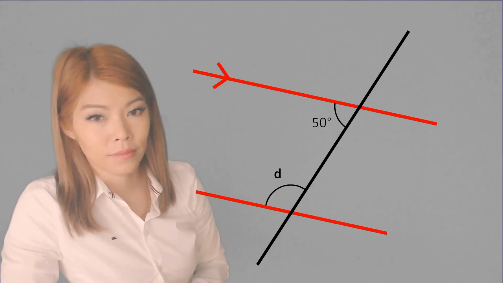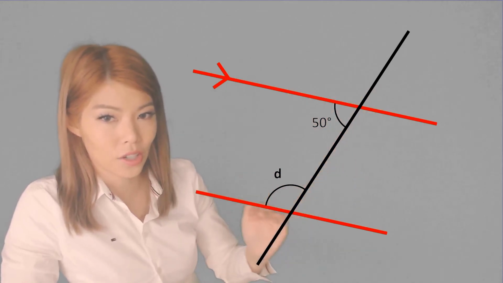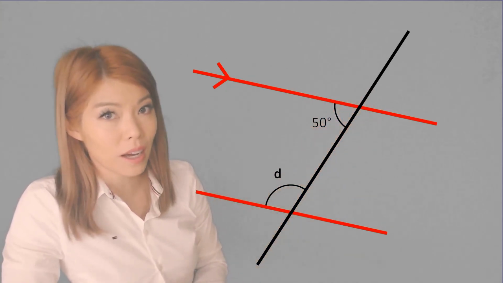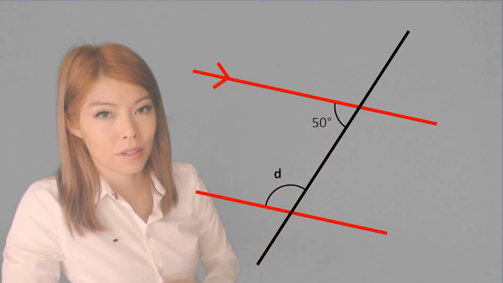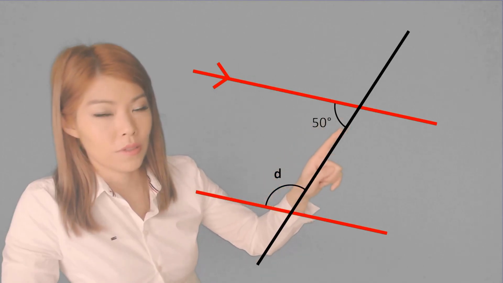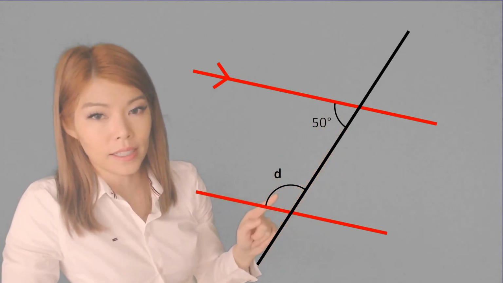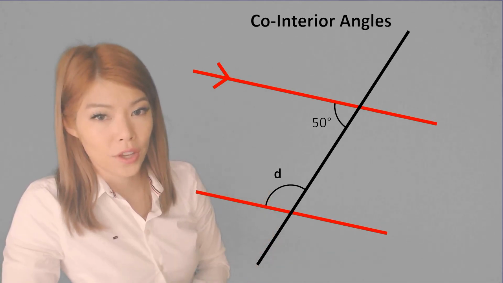What about these two? These are both inside this section, or in other words, co-interior. So they're not exactly the same, and you can see that D is bigger than the 50. They add up to 180 degrees. So D plus 50 is 180, or in other words, D is 180 minus 50, which is 130 degrees.